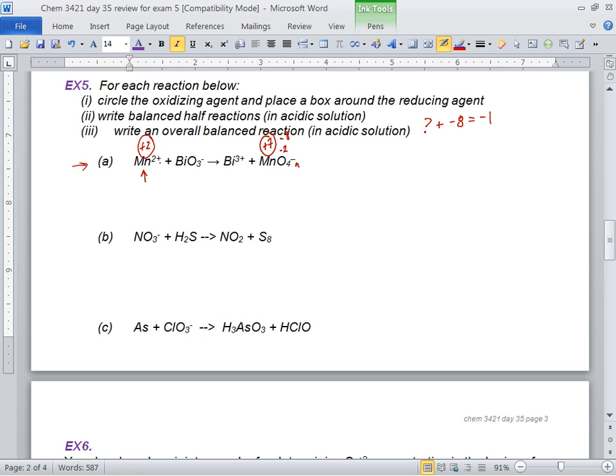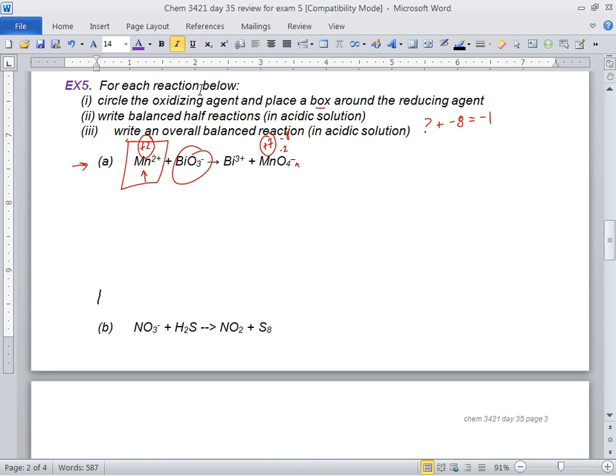Manganese 2 got oxidized, so manganese 2 is the reducing agent. And what am I supposed to do? A box around the reducing agent. So that should be a box. So do I have to do any calculations? Don't do any calculations, just circle that one. I mean, if you want some practice, great, go ahead and find out that bismuth got reduced. So that's it.